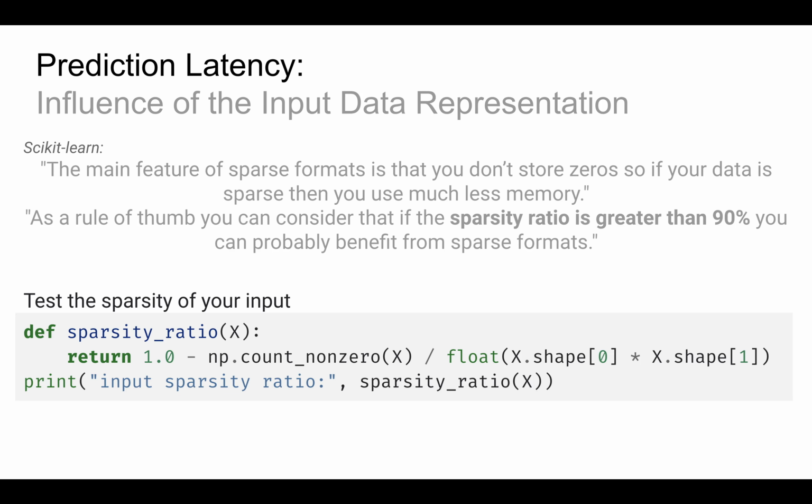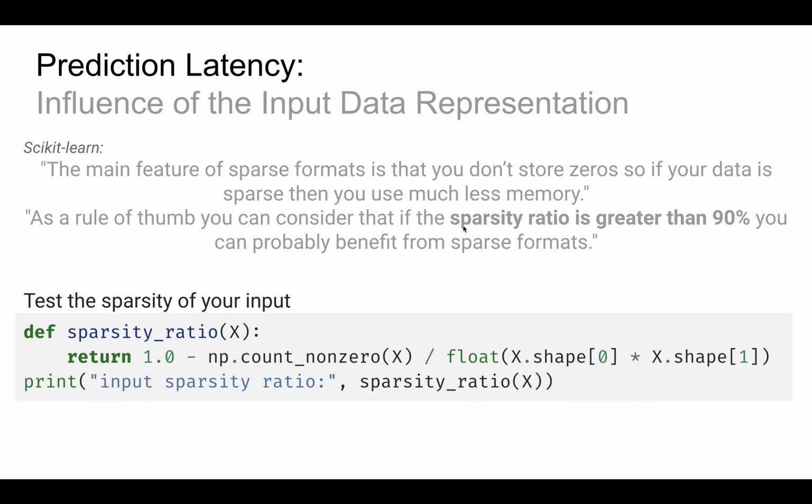So to avoid that, that particular matrix could be converted into another representation which gets rid of the zeros, and you have something like a CSR matrix, and so that representation would help speed up the process of prediction and reduce the prediction latency.